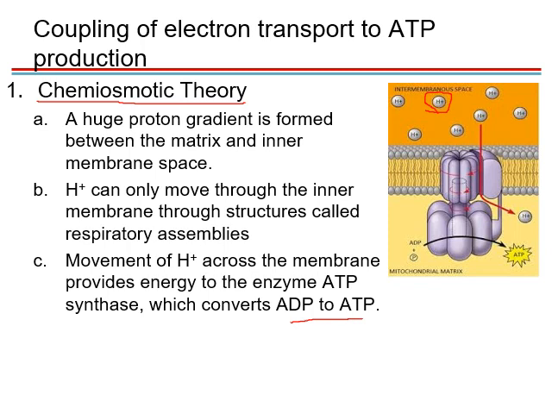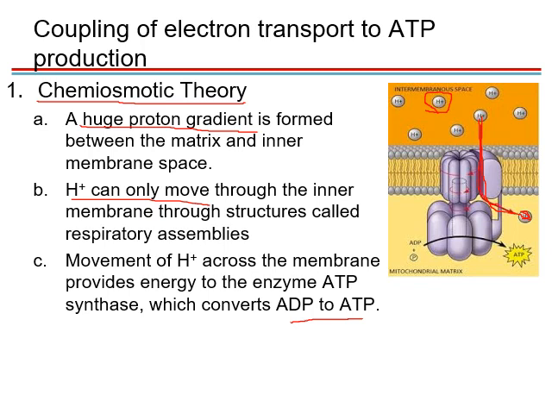And what's happening is this proton gradient, lots of protons in the inner membrane space, very little in the matrix. If they're allowed to, these protons are going to want to move from the space into here. And how they are going to do that is they are going to move through this ATP synthase.